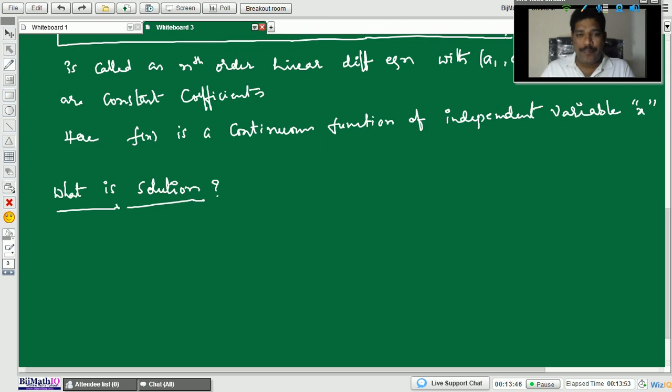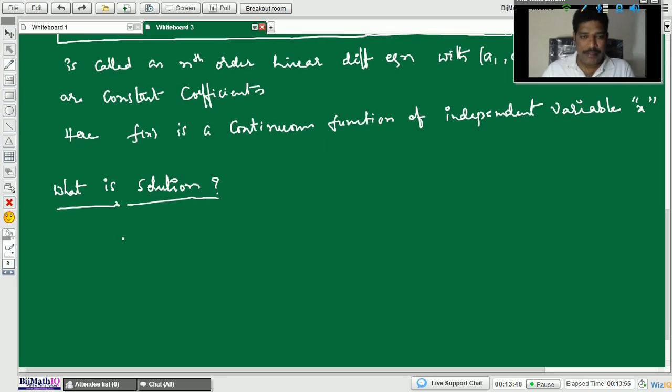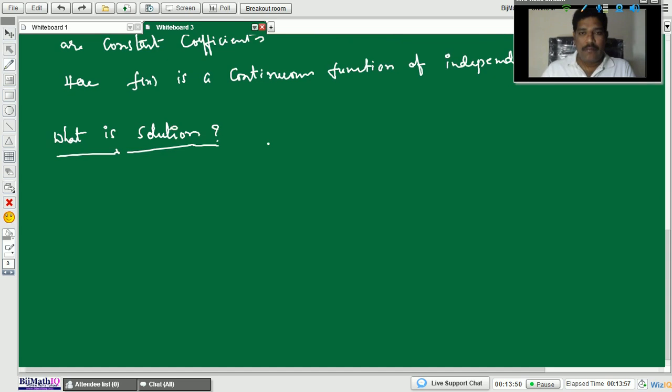In mathematics, you can take any equation. For example, here I am taking one equation like x square plus 3x plus 4 equals 0. You already know that this is called an algebraic equation or quadratic equation. What is our intention, our aim? To find the solution.